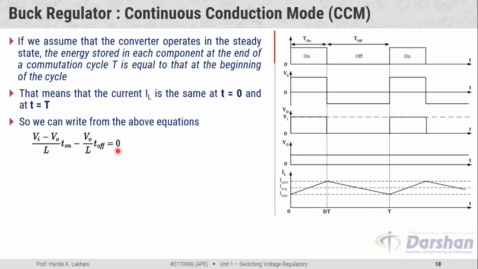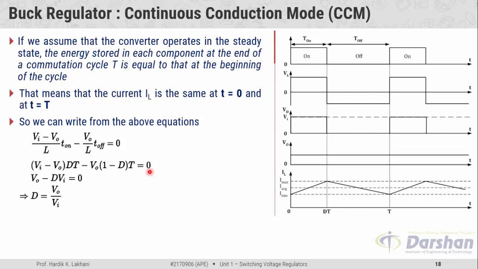That is nothing but the rate of change of inductor current during on time plus the rate of change during off time is equal to 0, that is, delta IL on plus delta IL off is equal to 0. It also says that the net rate of change of inductor current over one cycle is equal to 0.